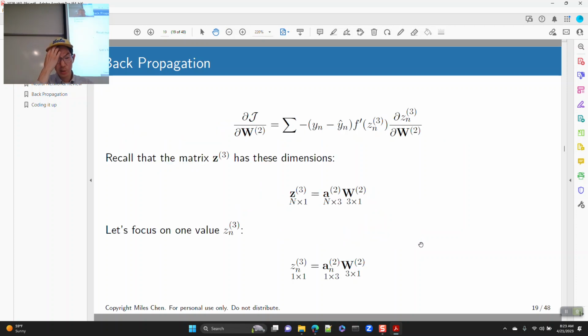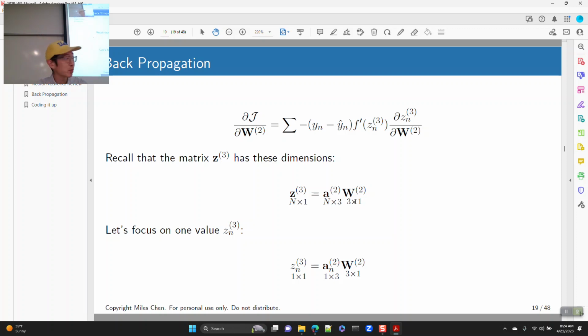All right, so this is a good spot where we ask, how do we get z n in the first place, right? We said we're going to take our A matrix, the activated values from the hidden layer, and multiply it by our second weight matrix.